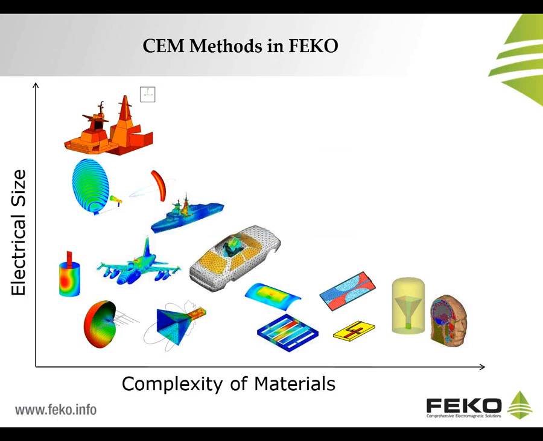Wavelength meaning multiples of wavelength, so thousands of wavelength if you think about the ship at the top left, or half a wavelength, 2 wavelengths maybe if you think about the little wire antenna at the bottom left-hand corner. Complexity of material is dielectric complexity. So think about something like a human head on the far right hand of the complexity of materials axis.